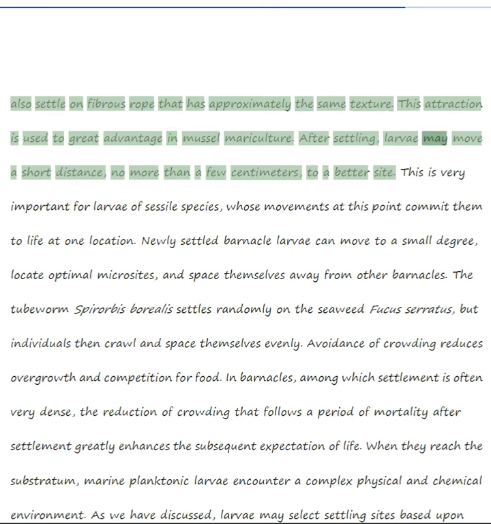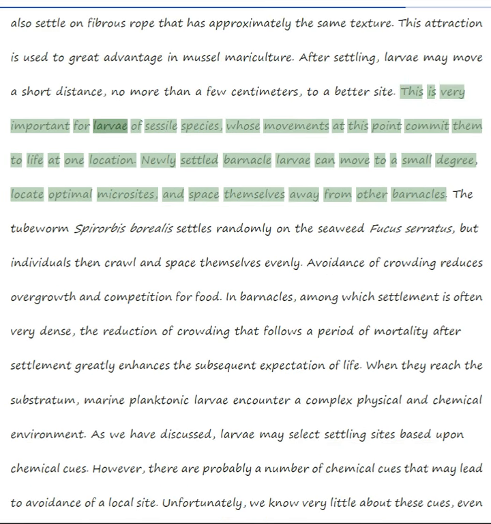After settling, larvae may move a short distance, no more than a few centimeters, to a better site. This is very important for larvae of sessile species, whose movements at this point commit them to life at one location. Newly settled barnacle larvae can move to a small degree, locate optimal microsites, and space themselves away from other barnacles.